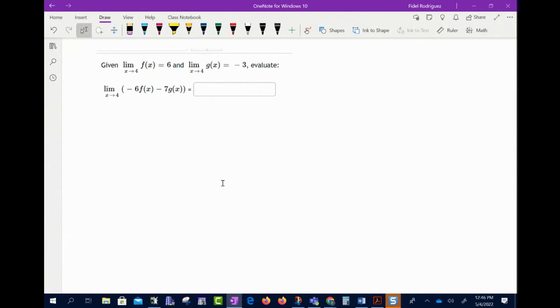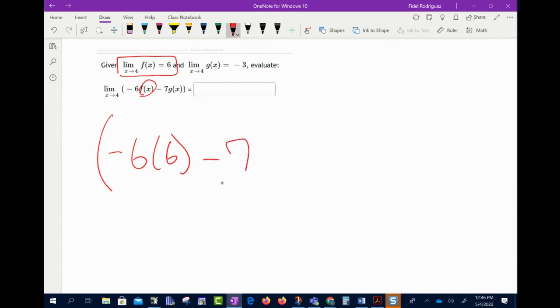It says, given that the limit as x approaches 4 of f of x is equal to 6, and the limit as x approaches 4 of g of x is equal to -3, let's find the limit as x approaches 4 of -6 f of x minus 7 g of x. All right, so first thing I'm going to put is -6. Now, we know the limit as x approaches 4 of f of x is equal to 6.